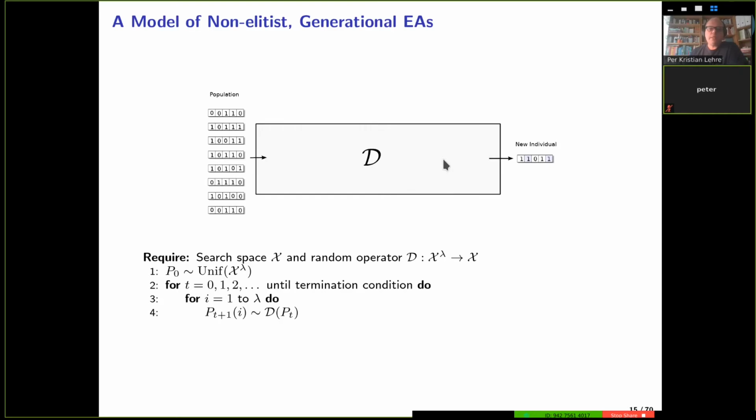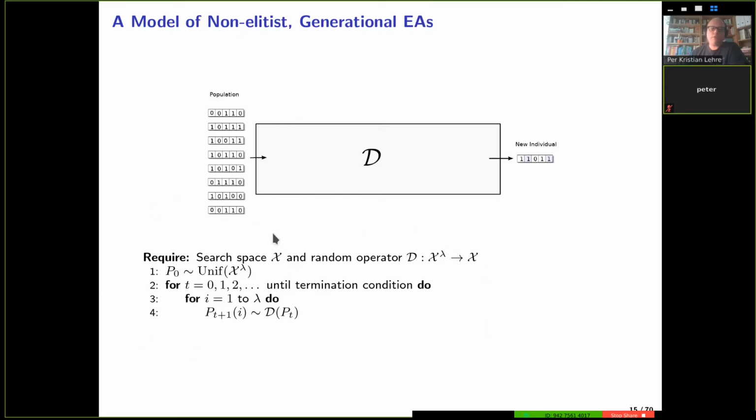So mathematically we can say that we have some abstract operator D that somehow describes everything needed to produce one offspring from the current population. So this D will now contain selection mechanism, variation operators, maybe noisy fitness evaluations, and so on. So in an abstract sense, many algorithms can be described like this.